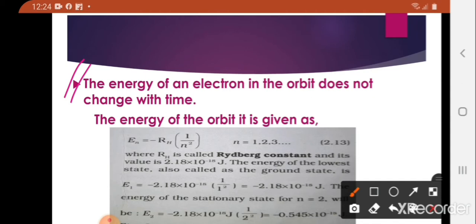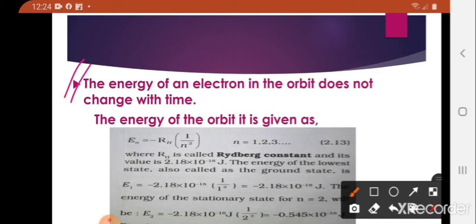But we know that an electron will move from a lower stationary state to a higher stationary state, and energy is emitted when the electrons move from a higher to a lower state. Also, we know that energy change does not occur in a continuous manner.